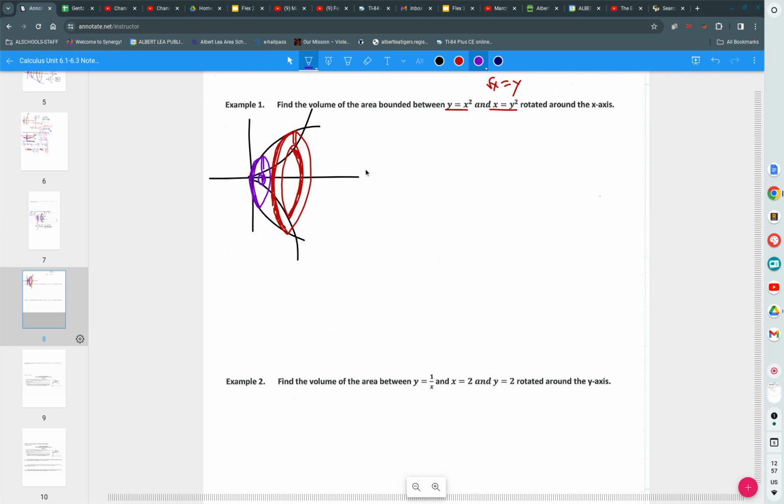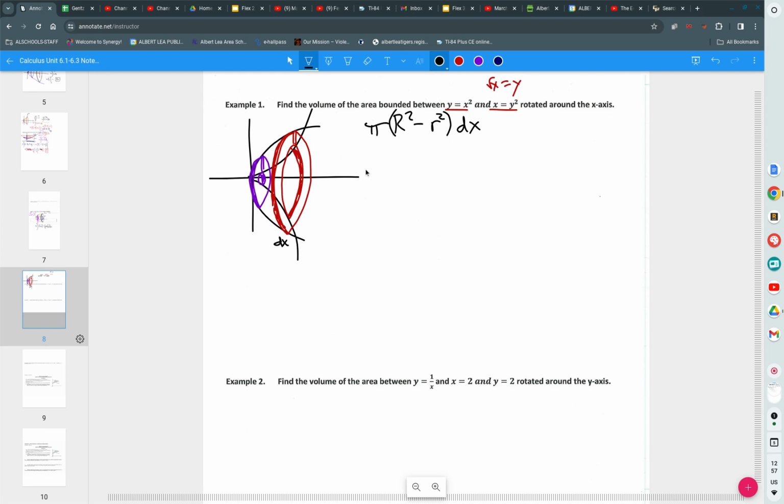Okay, so here we go. I see that it's a washer. Is it thickness of dx or dy? Dx. So I have pi times big R squared minus little r squared dx. Notice that everything must be written in terms of x. What constitutes the bigger radius? Which function is all the way at the top?